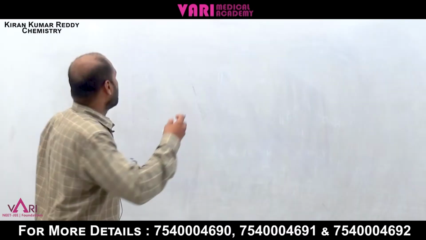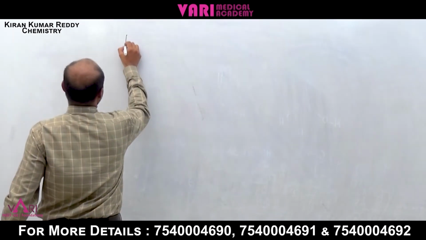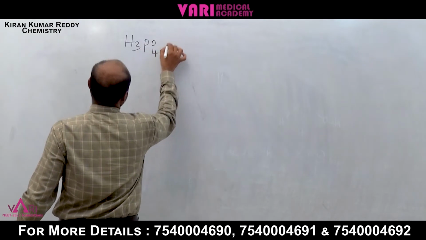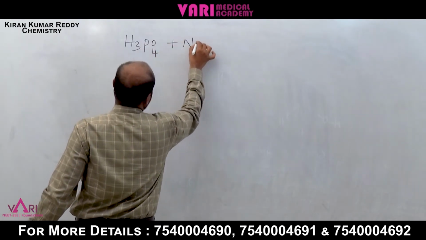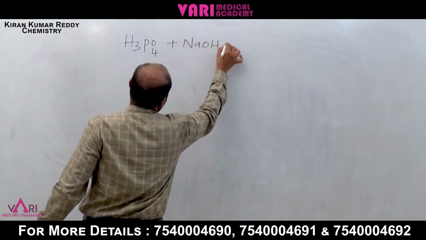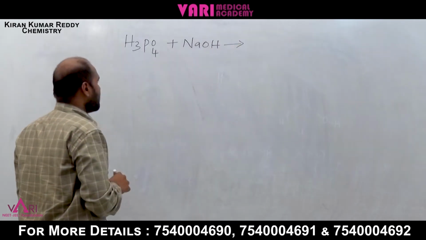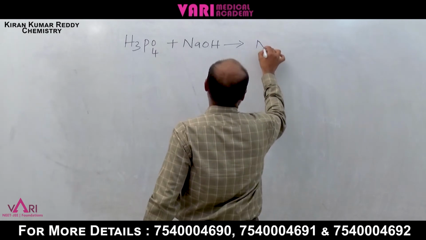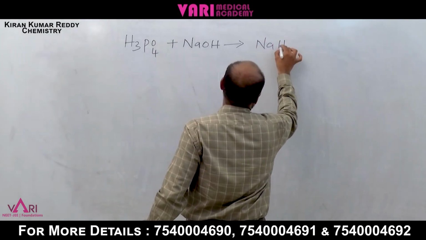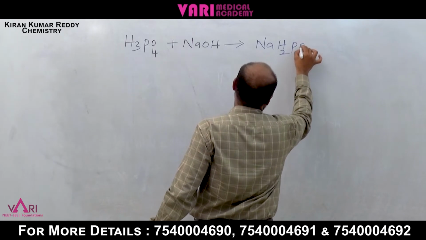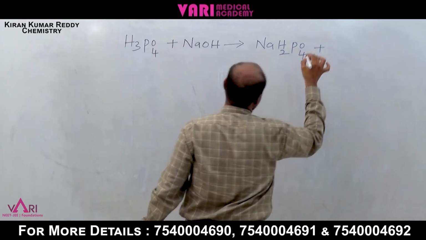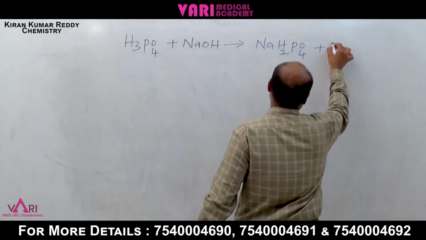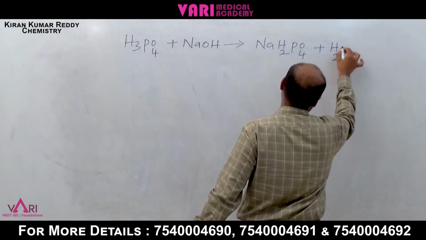Next, we can take the oxy acid H3PO4 plus NaOH. How many replaceable hydrogens are here? We get NaH2PO4. Here one hydrogen is replaced, and that's why this gives H2O.